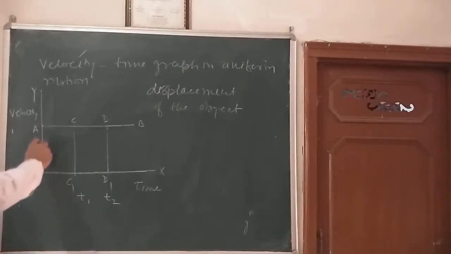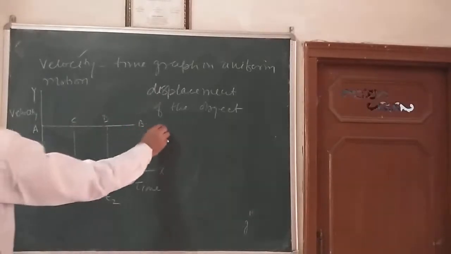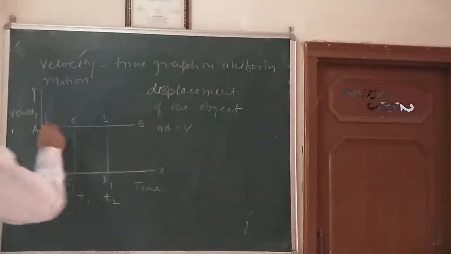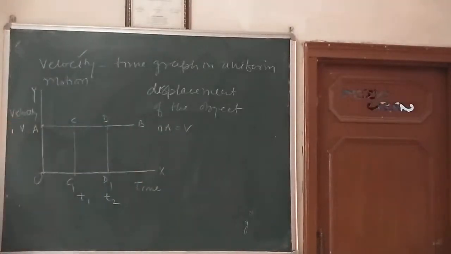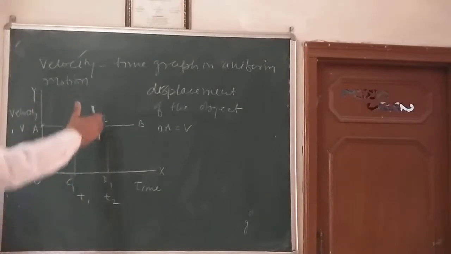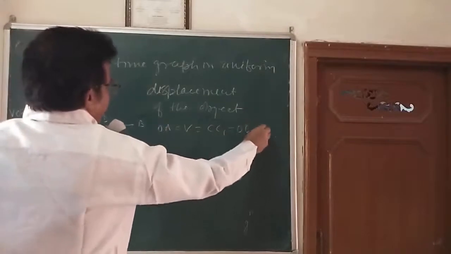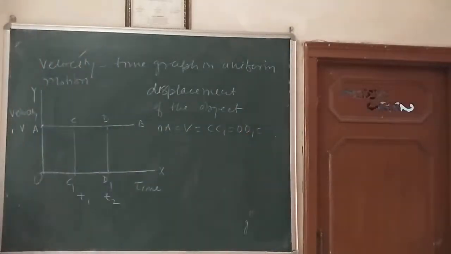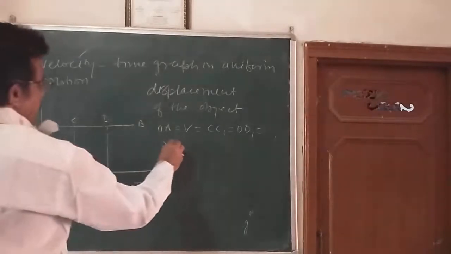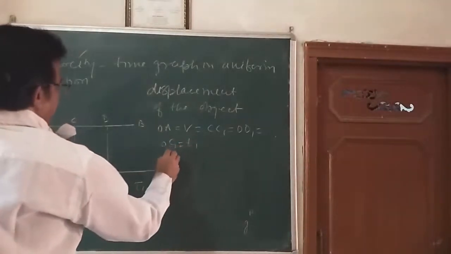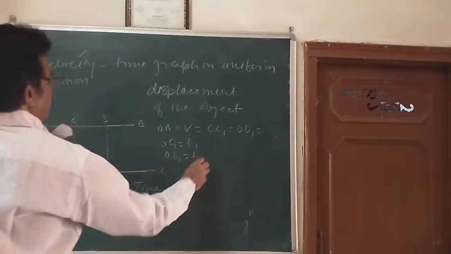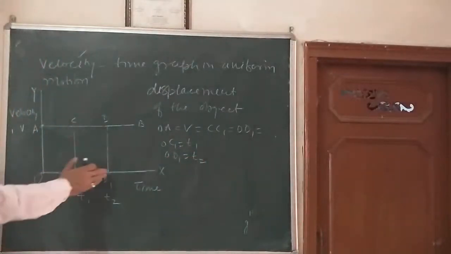Here the velocity OA is V. So OA is equal to CC1 is equal to DD1 is equal to V. Similarly, OC1 is equal to T1 and OD1 is equal to T2.